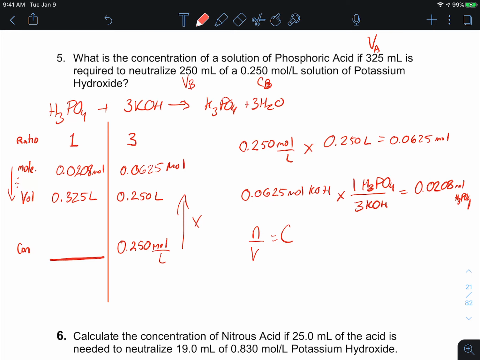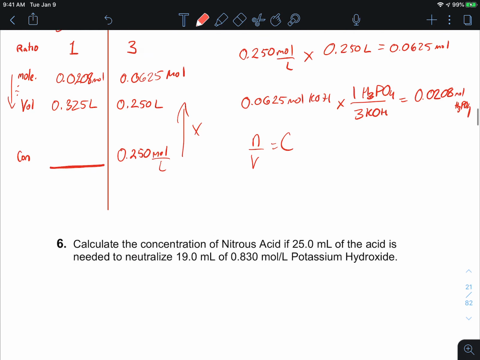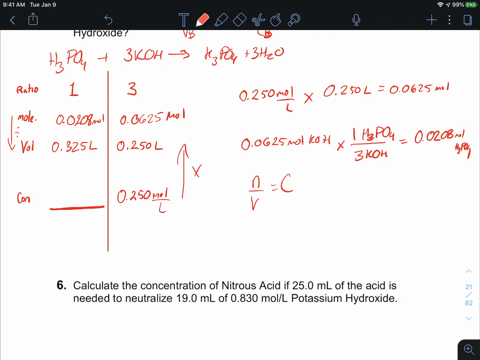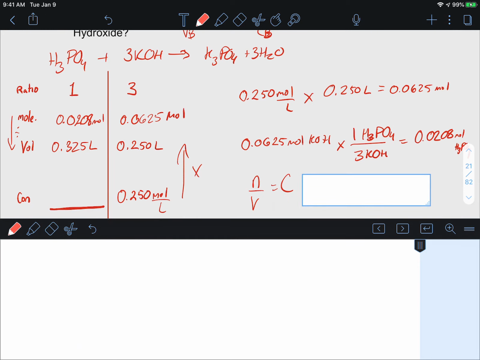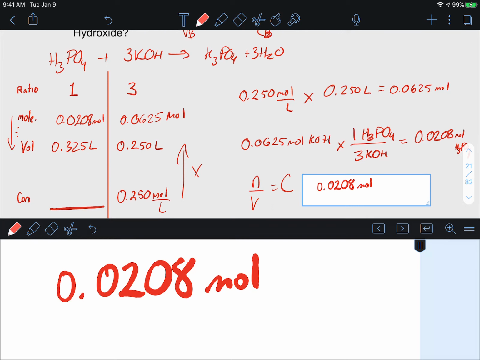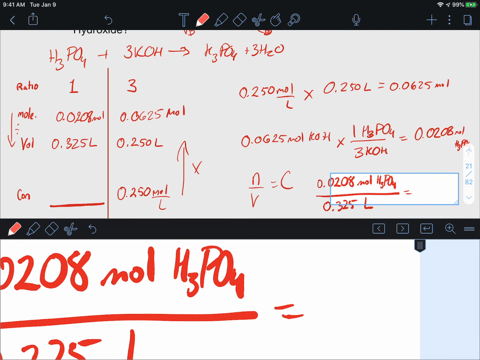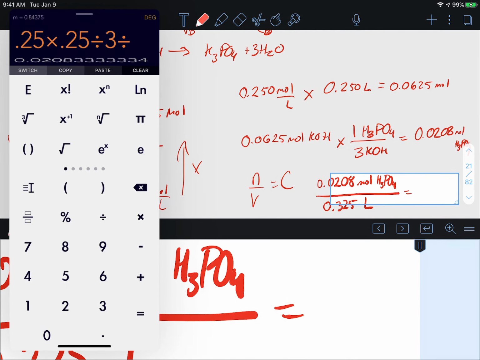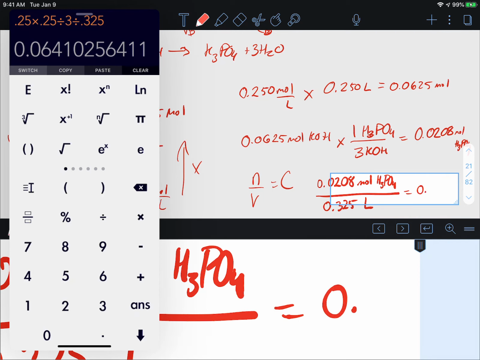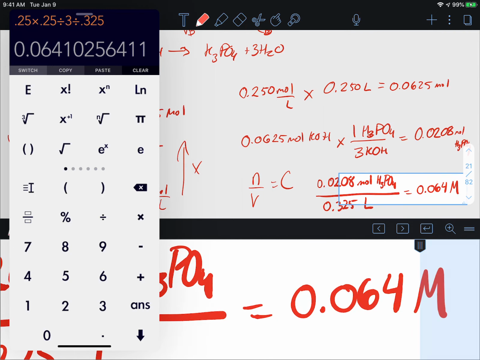I'll use the zoom function here. 0.0208 moles of H3PO4 divided by 0.325 liters to give us a value of 0.064, and that will be my molarity.